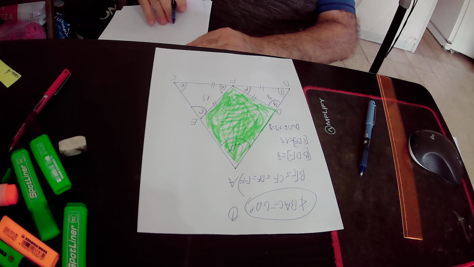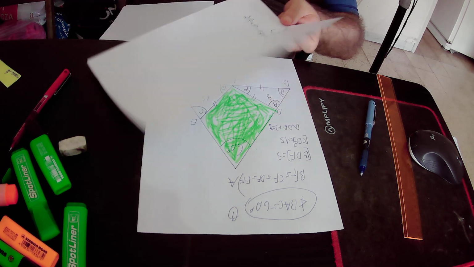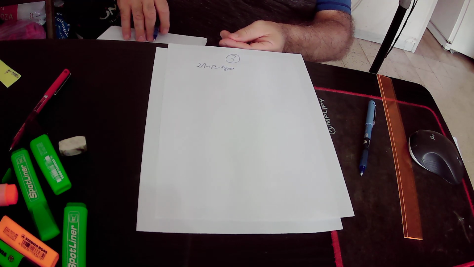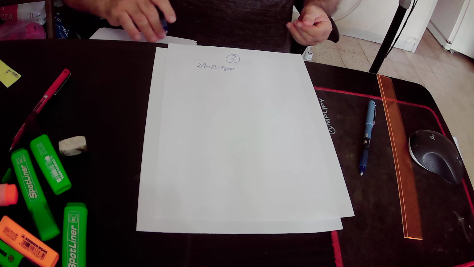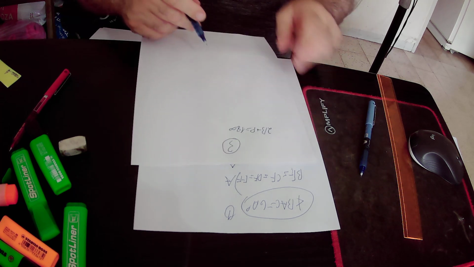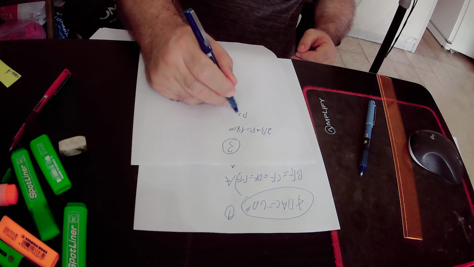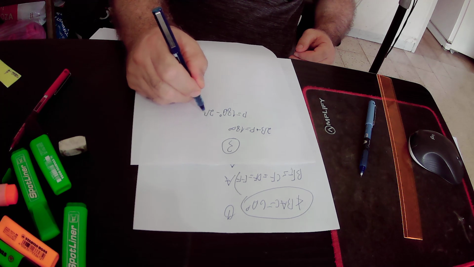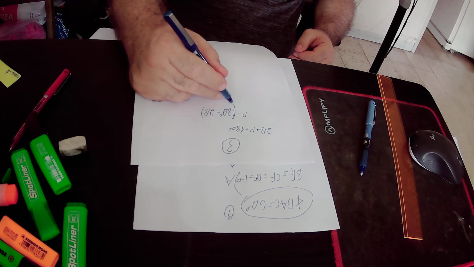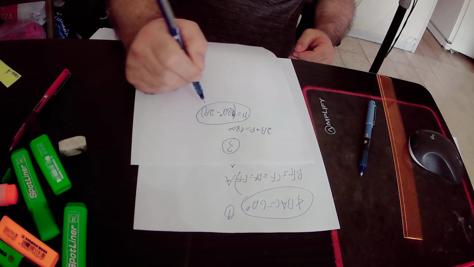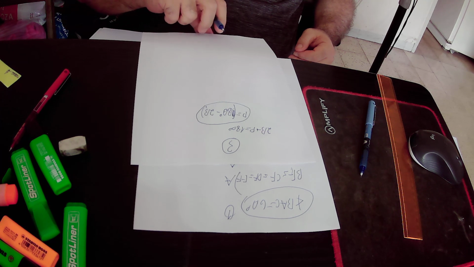Here we will subtract 2B from this equality, and we will get that angle P equals 180 degrees minus 2B.